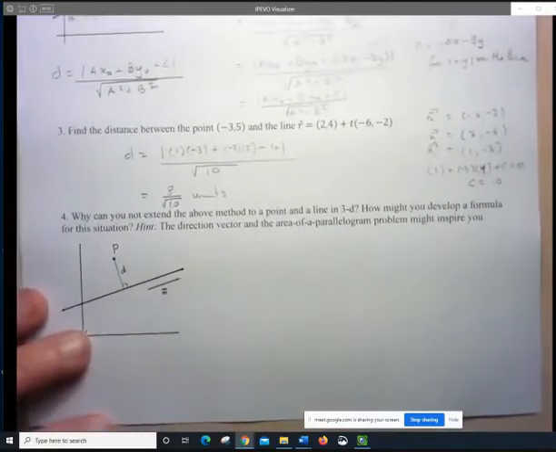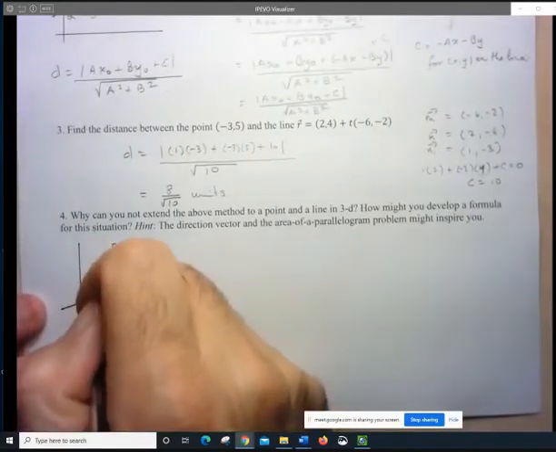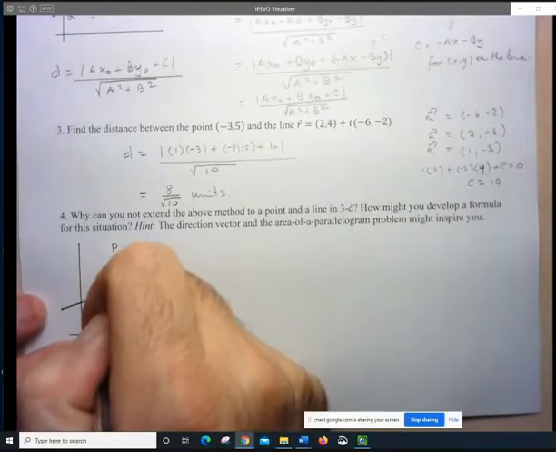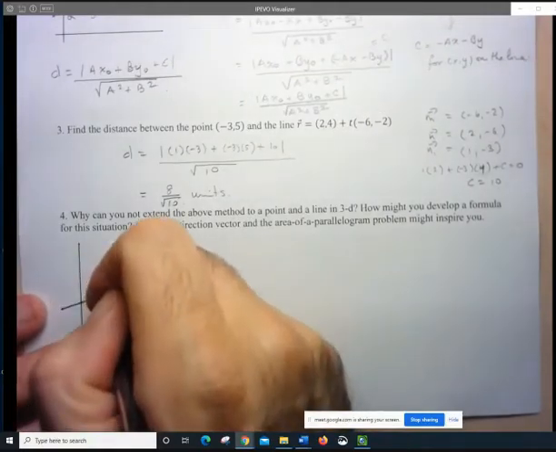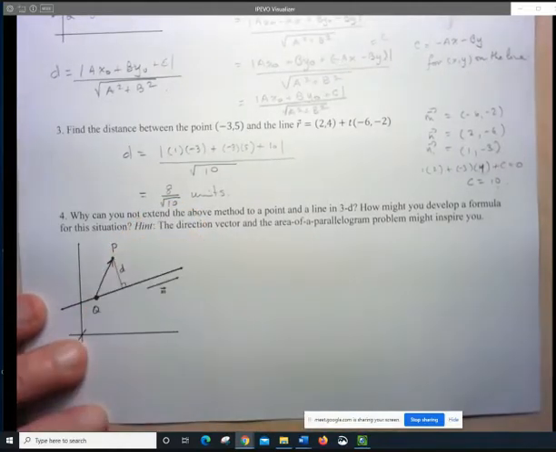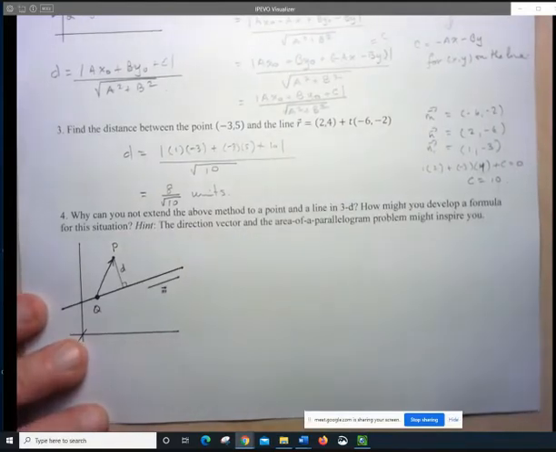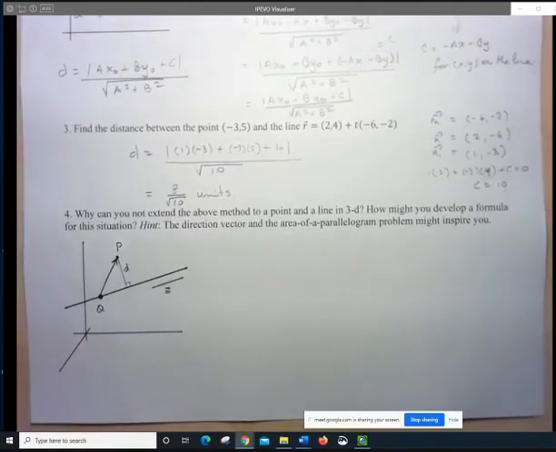But I like that idea of taking some point Q on the line here. And if I create the vector from Q to P, what other vector do you think I'm going to use here to create my parallelogram? Because remember, to produce a parallelogram, I need two vectors placed tail to tail.